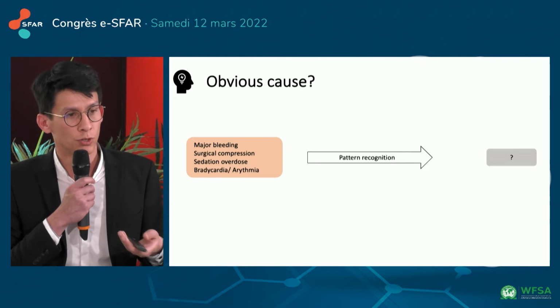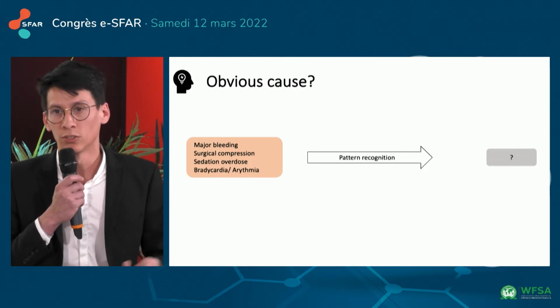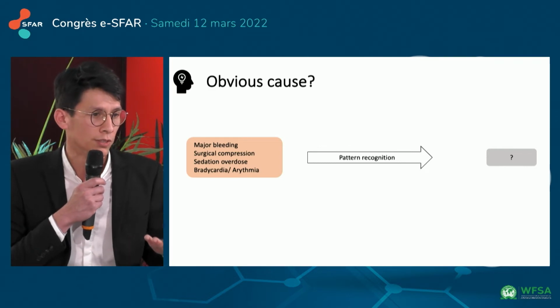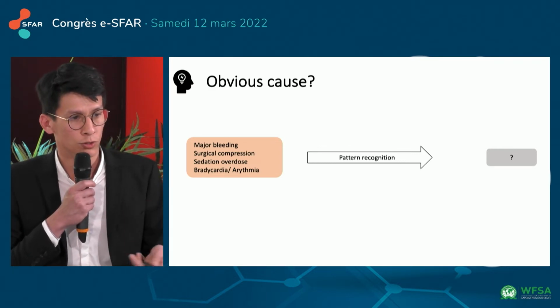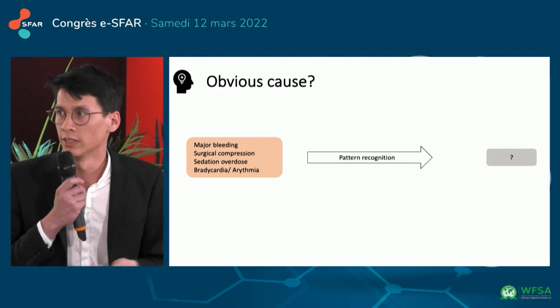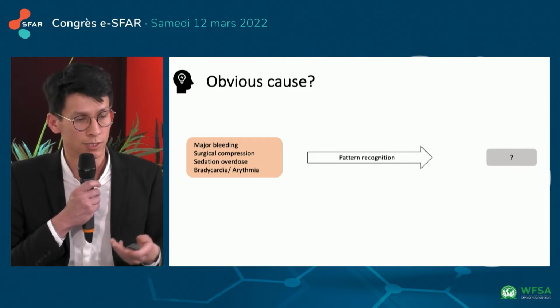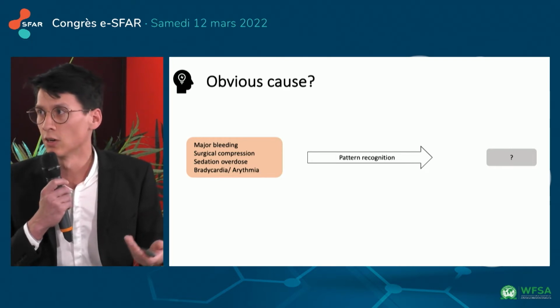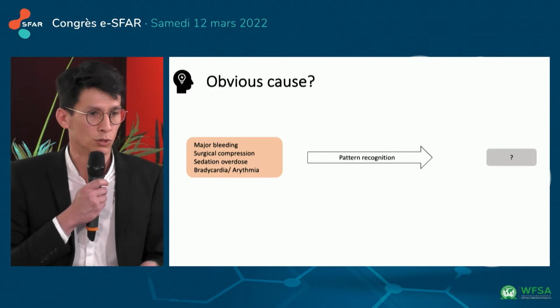The first step is to apply this pattern recognition reasoning to eliminate the obvious. And so you eliminate major bleeding, surgical compression that could impair venous return, sedation overdose, and severe bradycardia or arrhythmia that are obvious causes of hypotension.